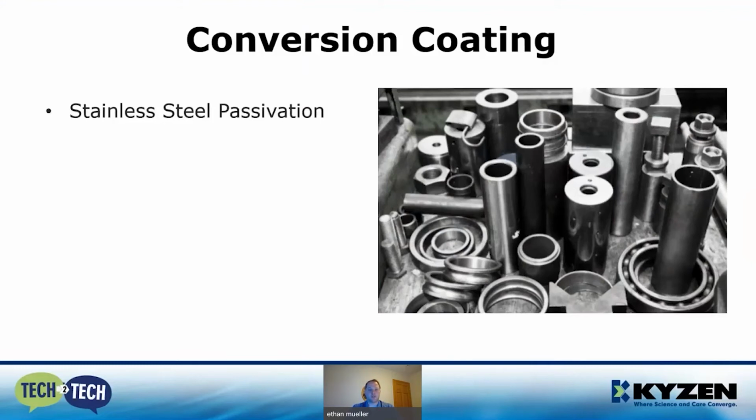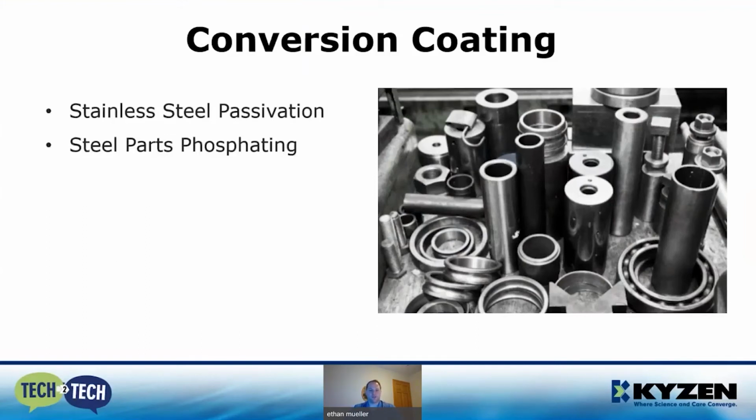So we rely on acid to come and remove that iron ion from the surface. It also promotes the growth of the chromium oxide layer, which is what gives stainless steel its corrosion resistance.